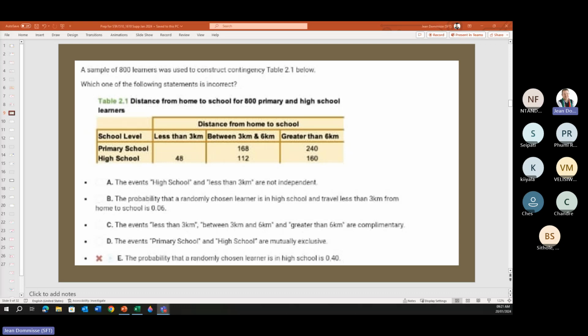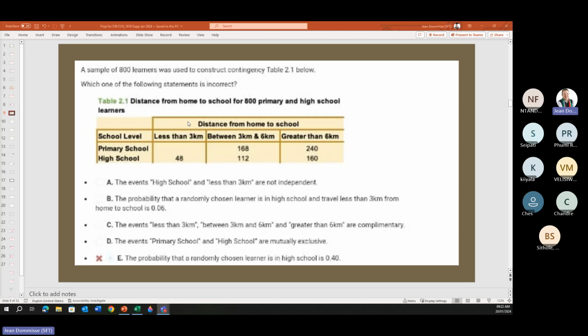Again, also for the guys that are joining in between, I am recording. Just want to make sure. Yeah, I am recording. So I will share the recording on our group, and I will share the presentation as well. Okay, cool. So next question, we're looking at probabilities.